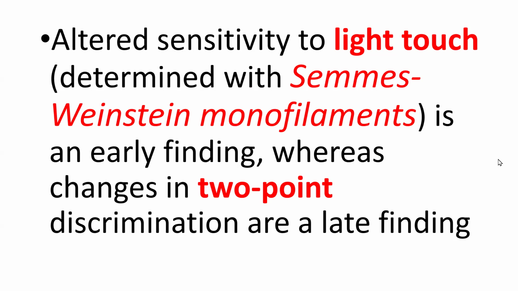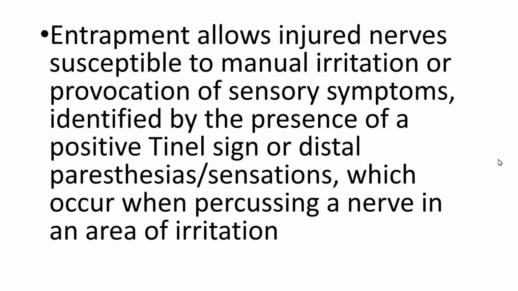Entrapment makes injured nerves susceptible to manual irritation, provoking sensory symptoms identified by the presence of a positive Tinel sign or distal paresthesias, sensations which occur when percussing a nerve in an area of irritation.